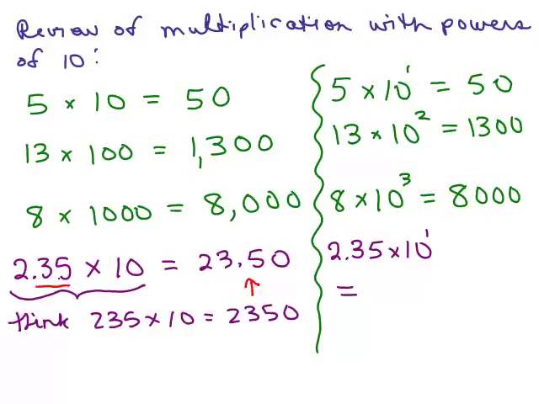I had 2.35, and notice in my final answer, the decimal is after the 3, right? This decimal moved one to the right. So 23.5. A lot of people like to draw a little picture. They go to the right one space, and that's where our final answer for the decimal will be. So let's try another one like that.